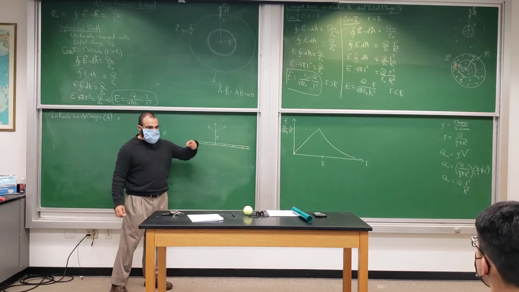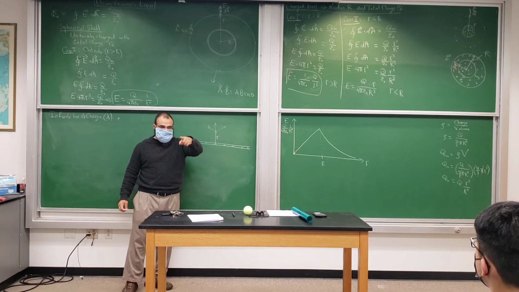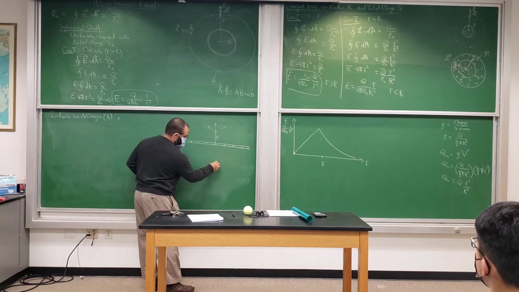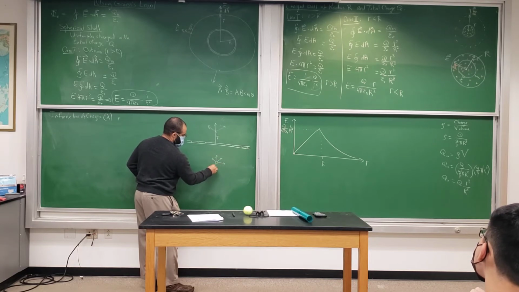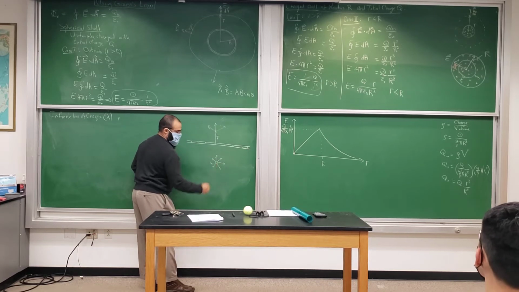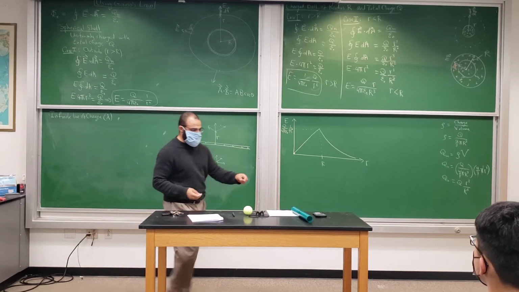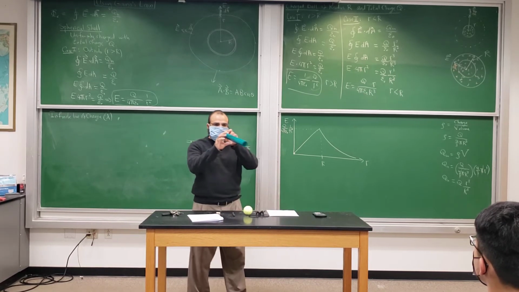Straight out. If the line is coming towards you, the field looks like this, right? Let's say here is a line of charge coming towards you.